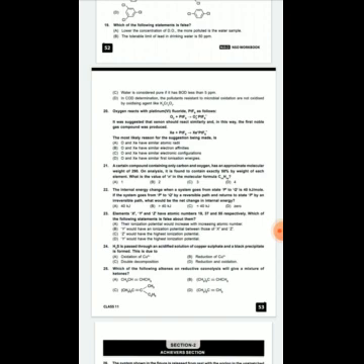The internal energy changes from state P to Q and back to P by an irreversible path. P to Q is 40 kJ per mole. Options A, B, C and D are given.